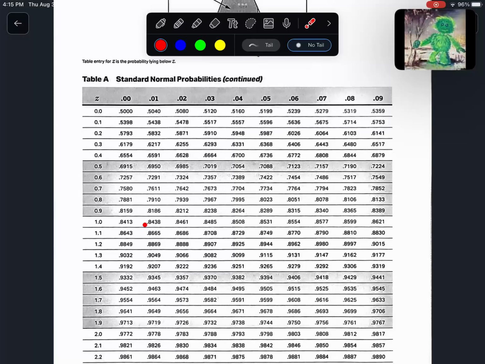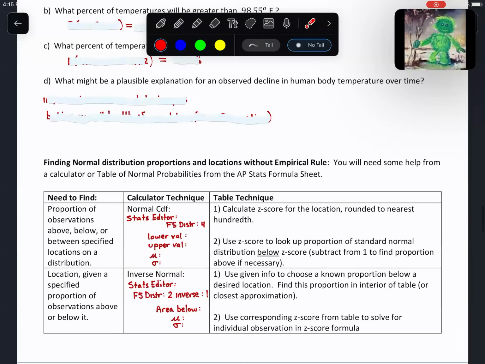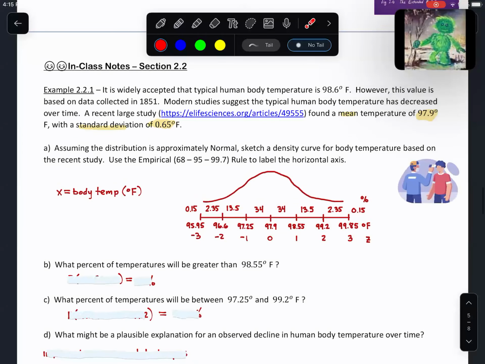Now I repeat, you have to convert your location to a z-score first. There's obviously not a temperature of 98.6 in here, but you could calculate the z-score for 98.6. I don't know exactly what it is, but if we go back to our notes, it would be a little bit higher than 1, right?